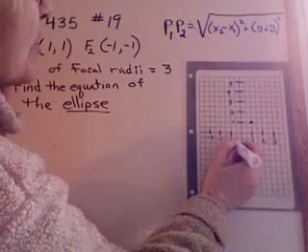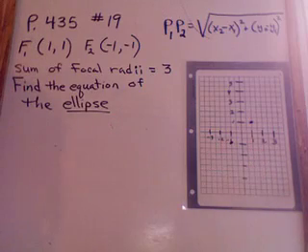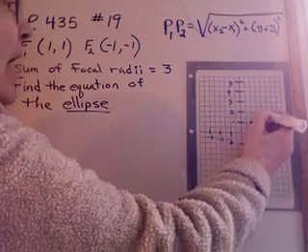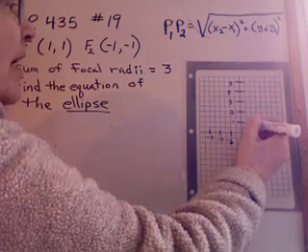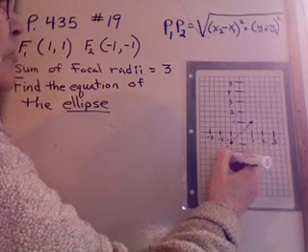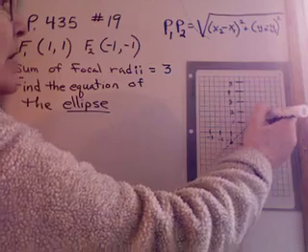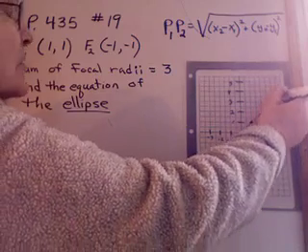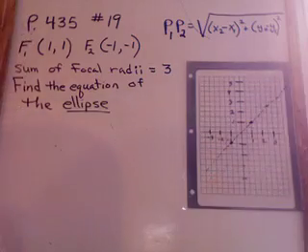So we already noticed that this is a little bit different than all the ellipses we've studied to this point, because the major axis is on the diagonal that goes right through 0, 0. So it's not a very easy way to figure out just by counting.